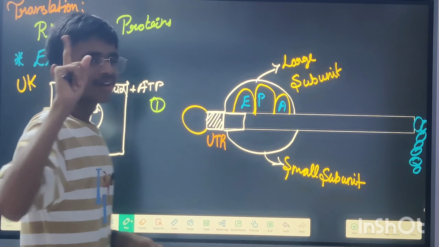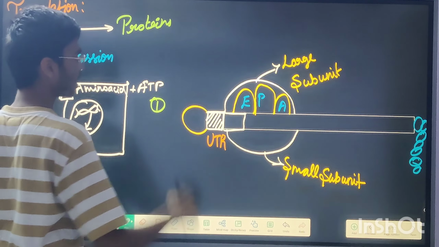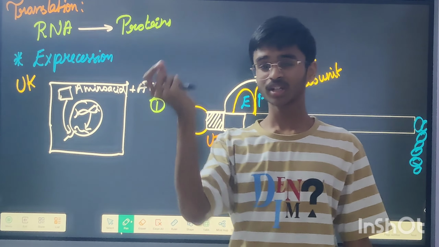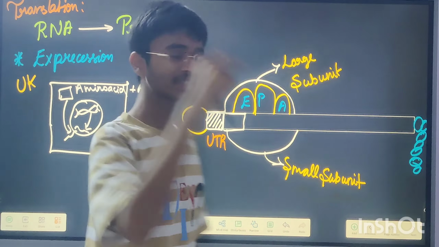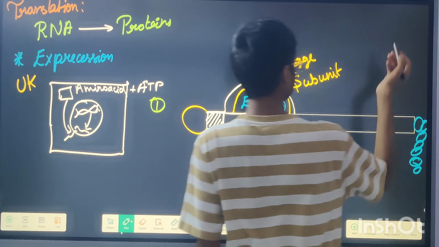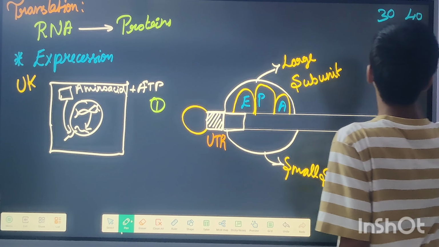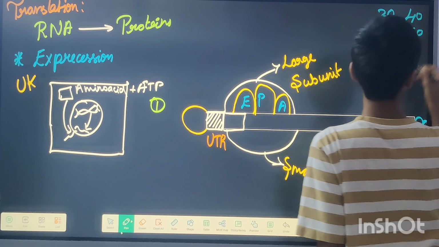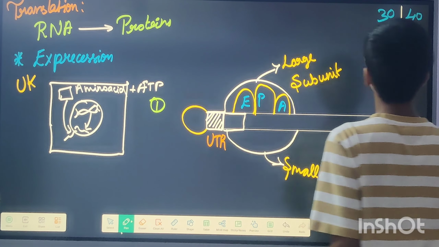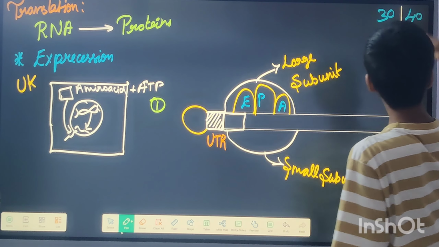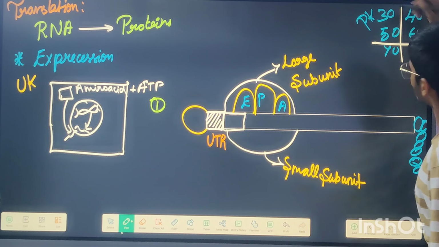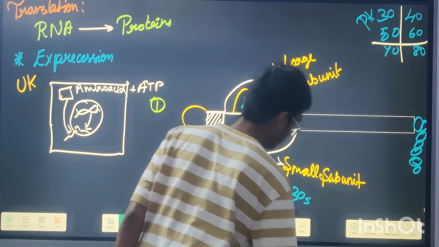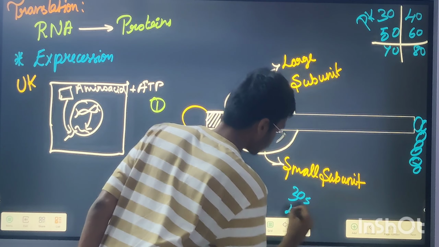One thing that I have to say is, in prokaryotes it will be a different number, in eukaryotes a different number. We have seen 30S, 40S, 50S, 60S, 70S and 80S. In prokaryotes, the small subunit will be 30S, whereas for eukaryotes it will be 40S.